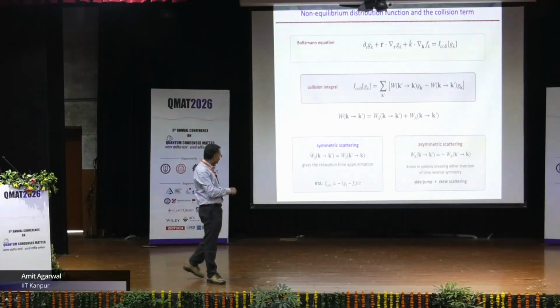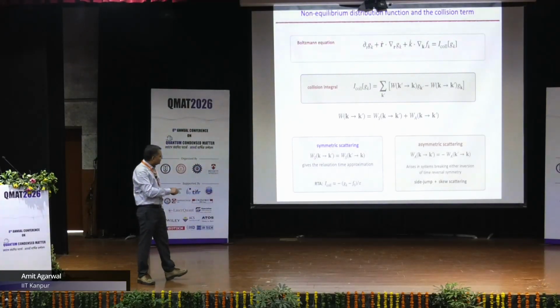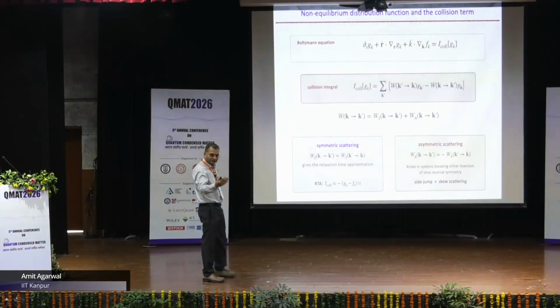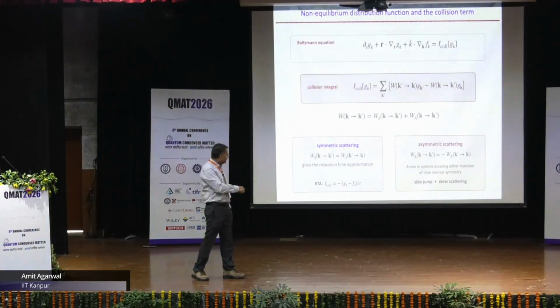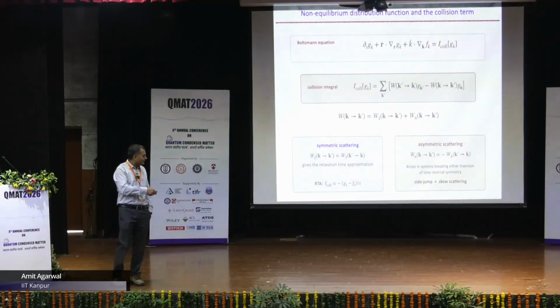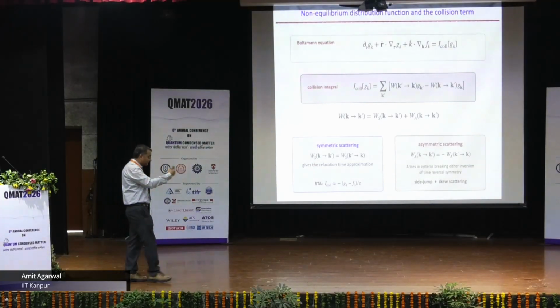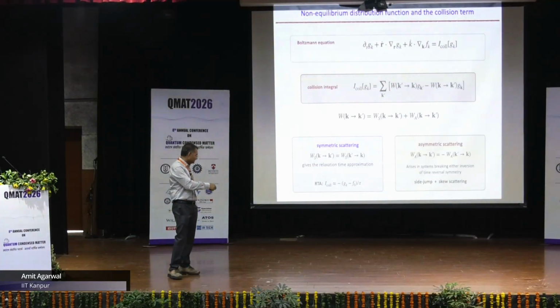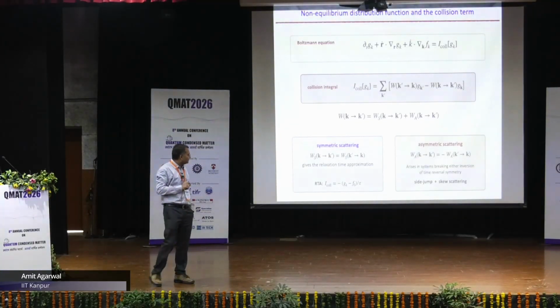Okay? So that's the idea. And you can make more complicated versions of this by making tau momentum, energy or frequency dependent, etc. It doesn't change the physics qualitatively. Okay? Quantitative numbers might change, etc. The integrals become slightly more complicated.